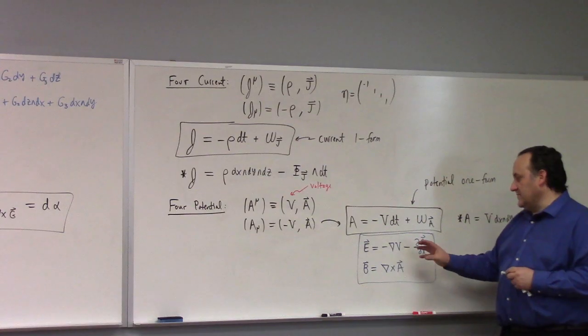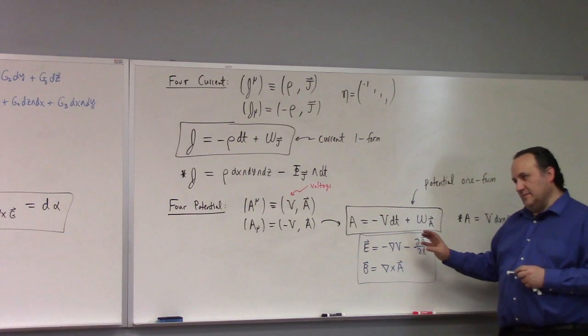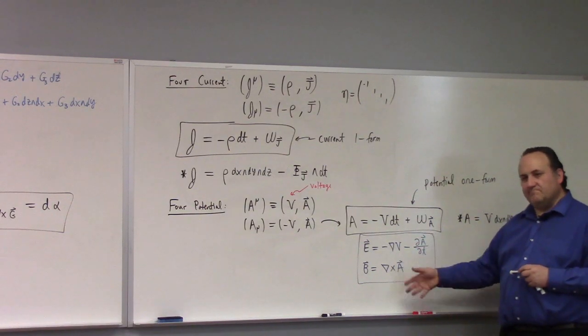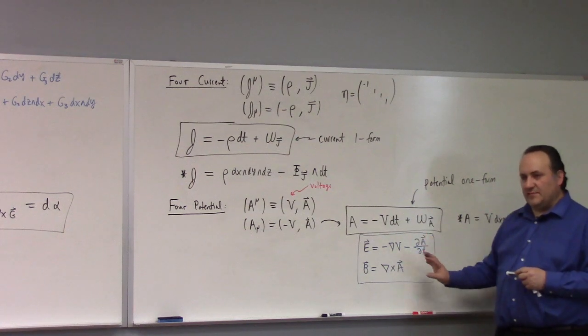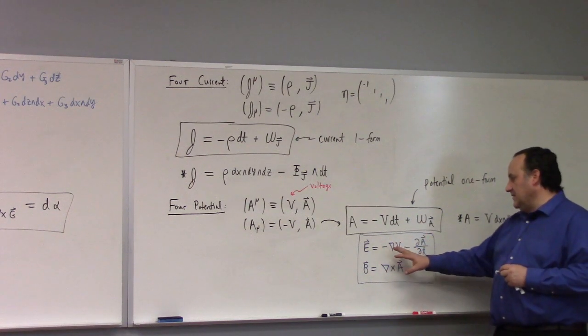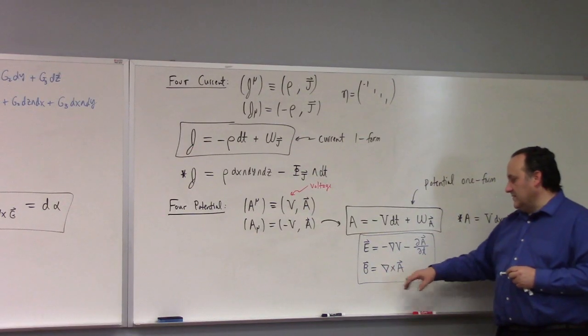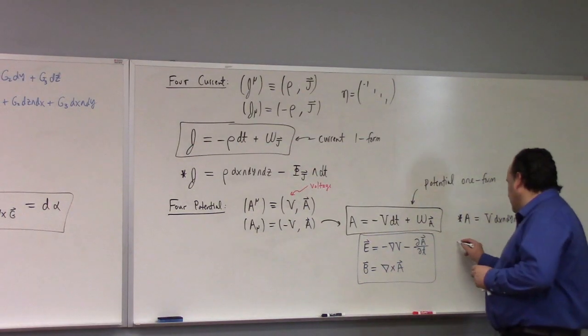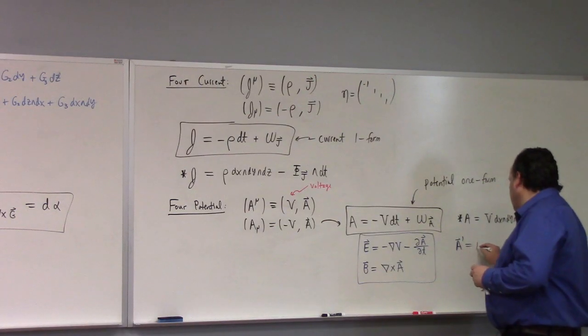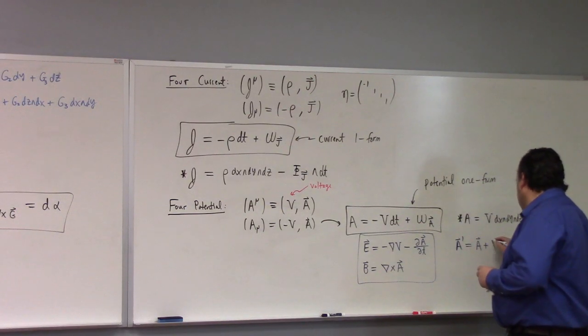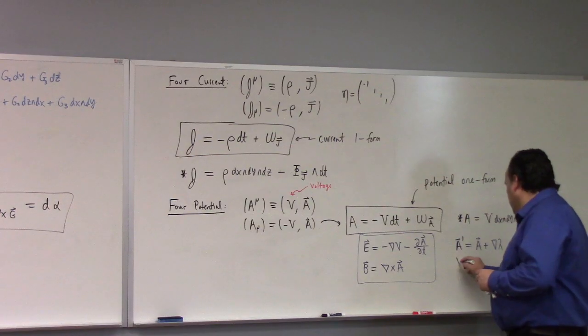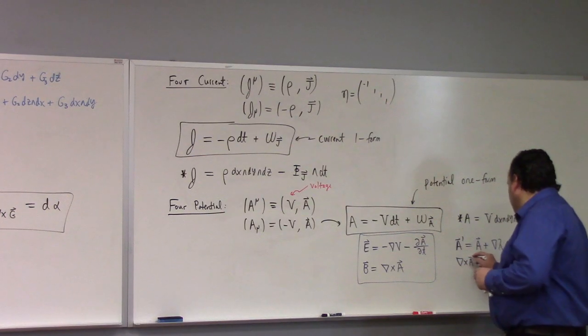There's a freedom up to a function of space and time. Of course, you can shift the voltage by adding a constant, and you can check it out. If we had A prime equal to A plus nabla lambda, then when you calculate the curl of A prime, what happens?